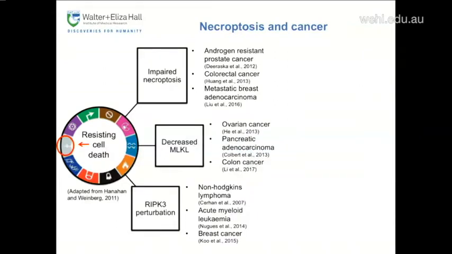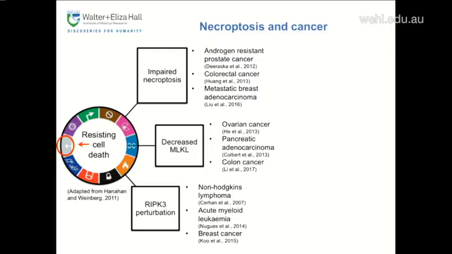But there's also some evidence that in certain cancers, if you lose necroptosis, it's an advantage for you. So depending on the type of cancer and the signalling it's got going on, it could go either way.